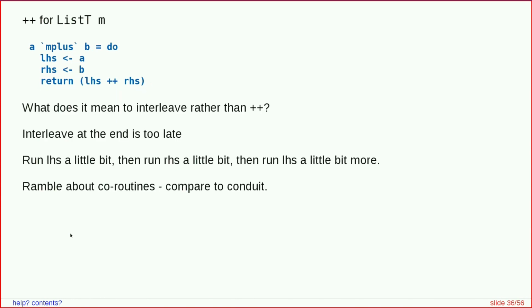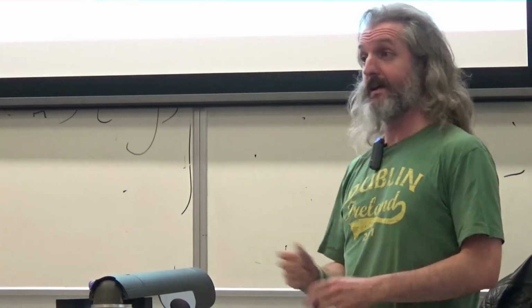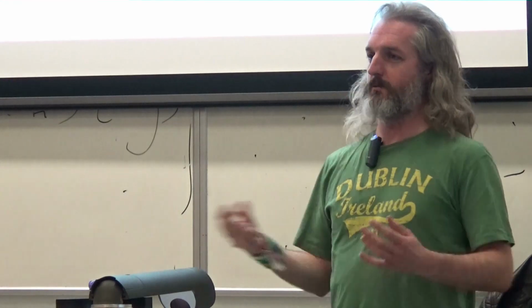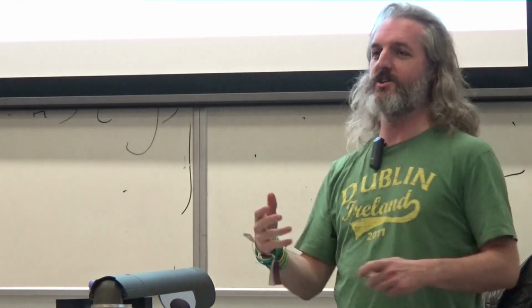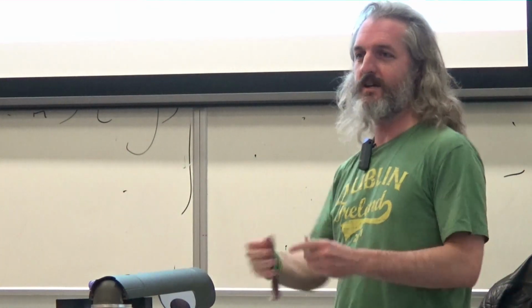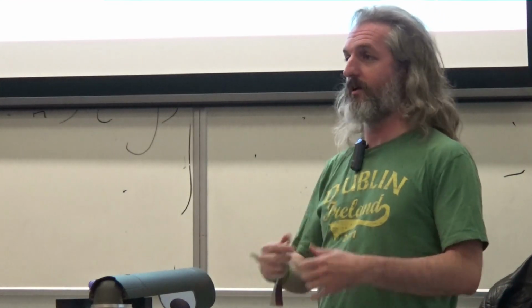Where it gets interesting is if you're trying to make a list transformer. So I want to say, here's an I/O computation that's going to produce a list of results. Here's another I/O computation that's going to produce a list of results. And I want to do some kind of stuff on all the results.